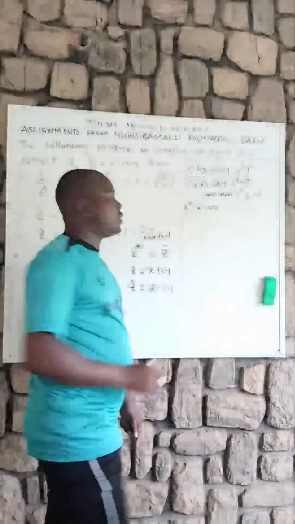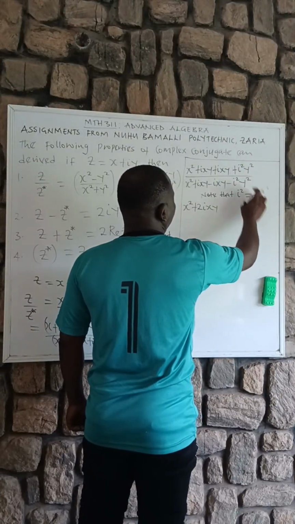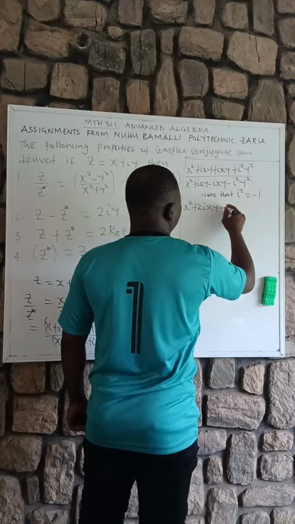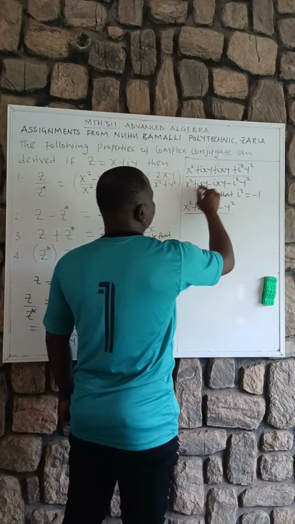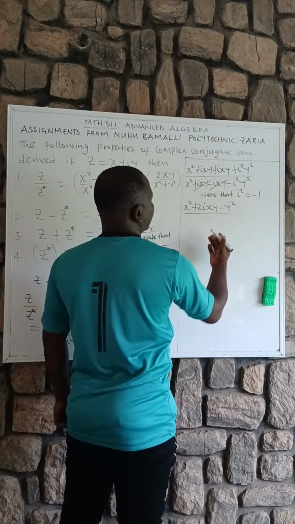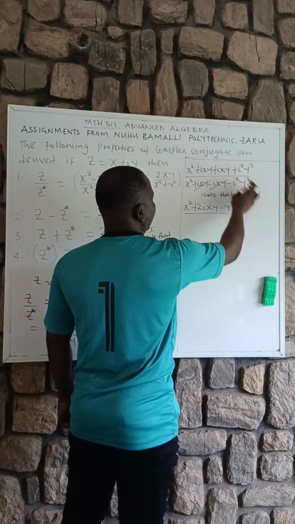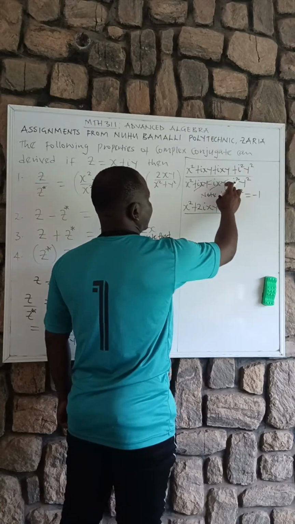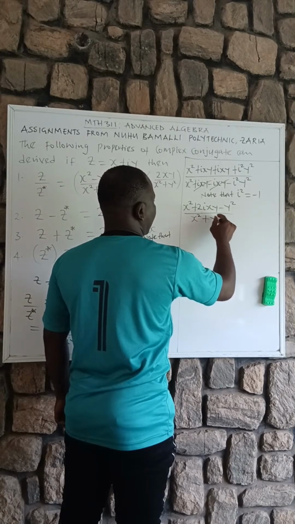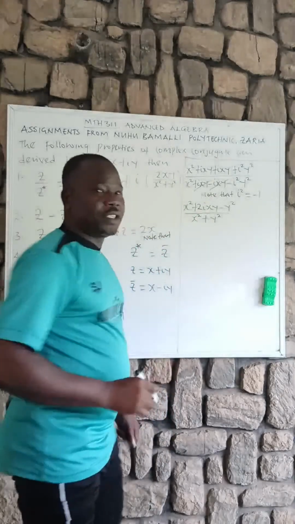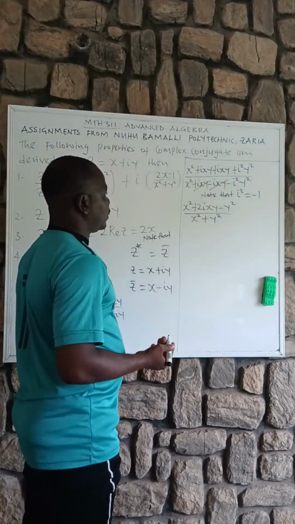True or false? It's true. Then here, i squared is minus 1, minus 1 times y squared, minus y squared. Then all over, this and this will cancel. Then minus i squared is minus 1 times minus, plus. We are going to have x squared plus y squared. Can you see now? So you don't need the prophet to tell you.